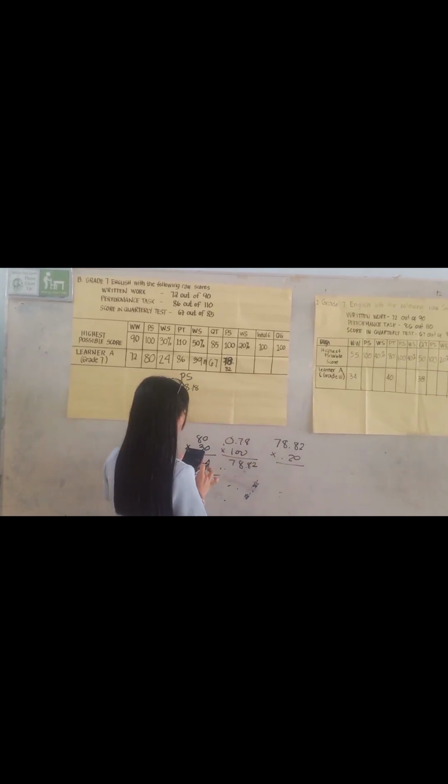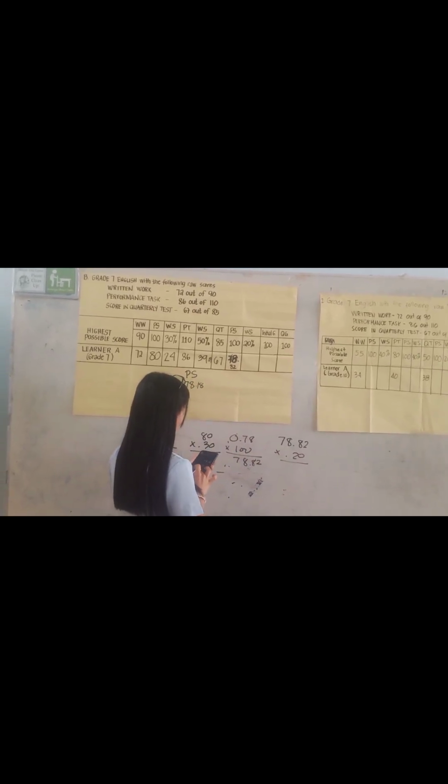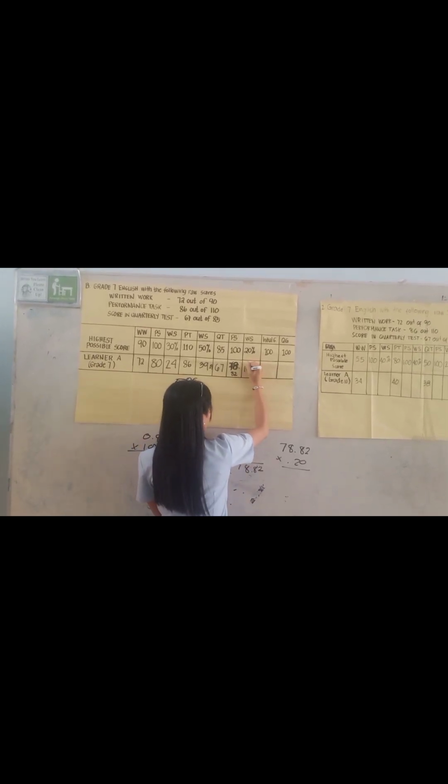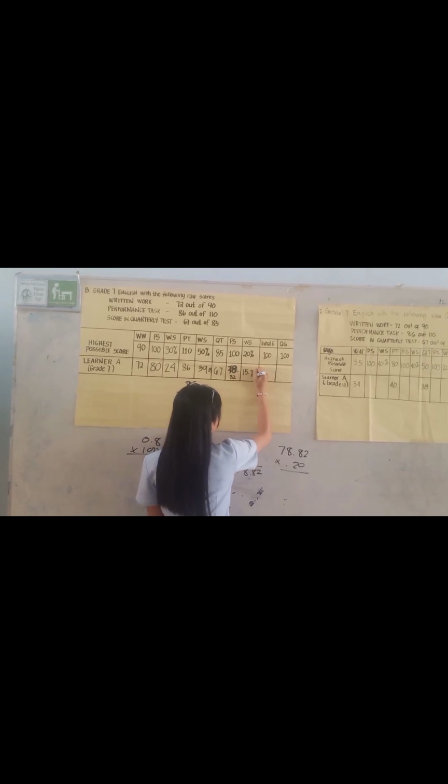In order to get the weighted score, we're going to multiply by 20%. 78.82 times 0.20 is equal to 15.76.